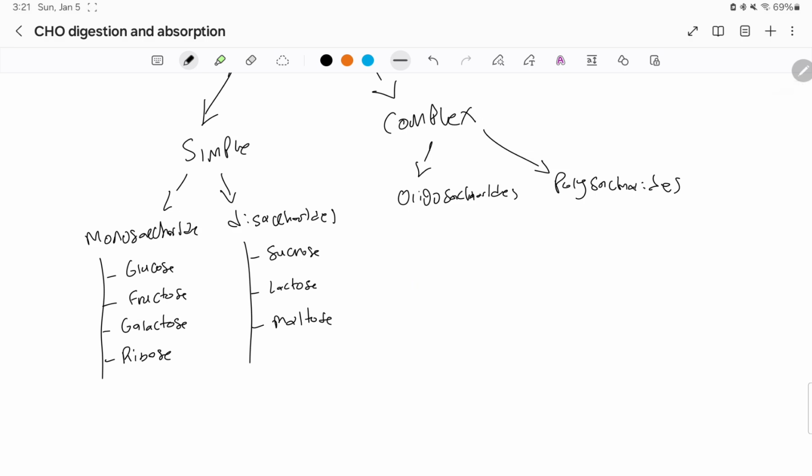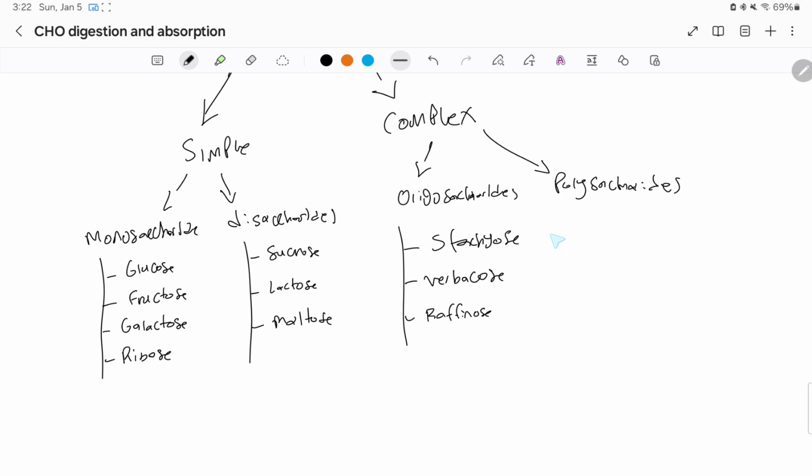Now, with regards to oligosaccharides, there's a couple that I would want you to know for human nutrition. They would be stachyose, verbascose, and raffinose. All of these differ in their structure.